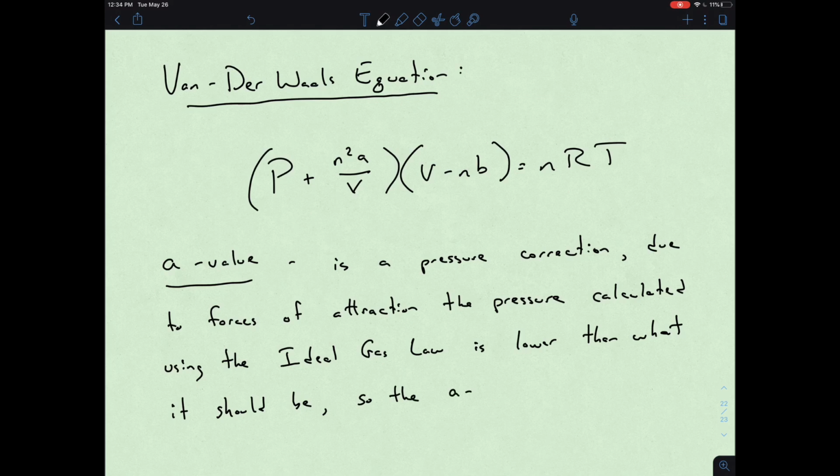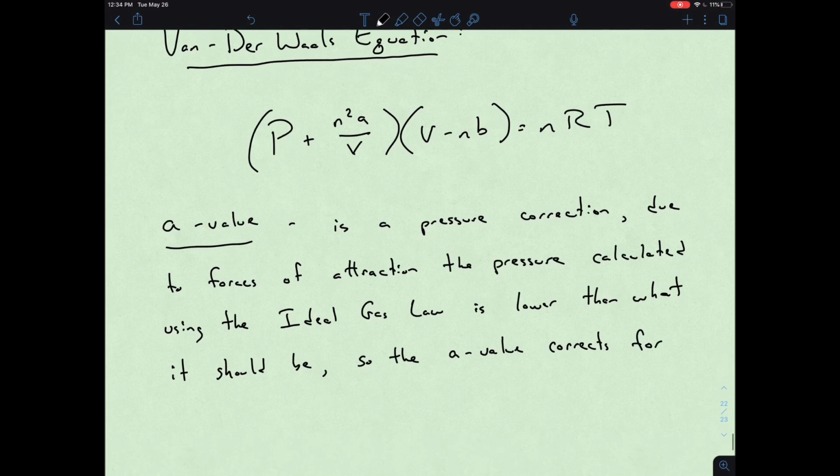So the A value corrects for this. And that's relating this idea of forces of attraction. So you could think of A value and attraction, to help make that connection.